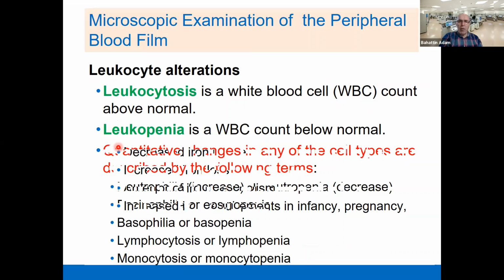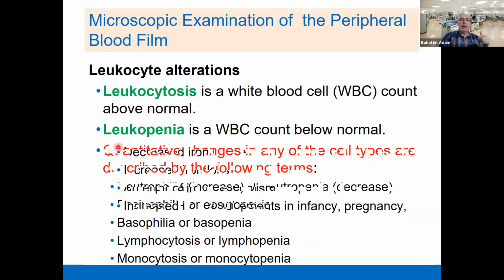Leukocyte alterations. As I told you before, leukocytosis is a high number of white blood cells. Leukopenia is a white blood cell count below the normal.